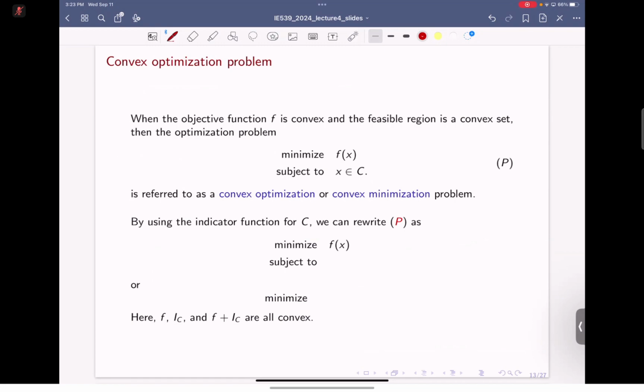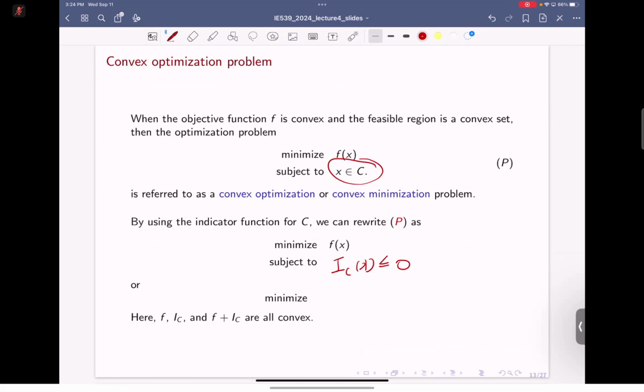So here we have this constraint that x has to come from the set C, and it can be rewritten as I_C(x) less than or equal to 0. Remember that I_C is the indicator function.